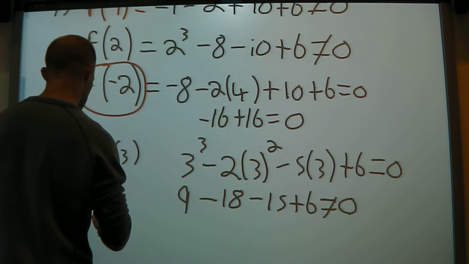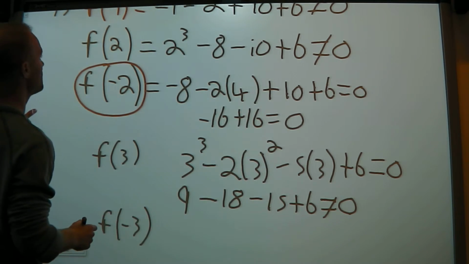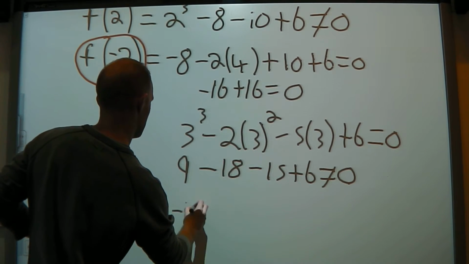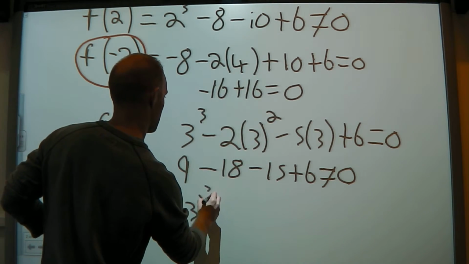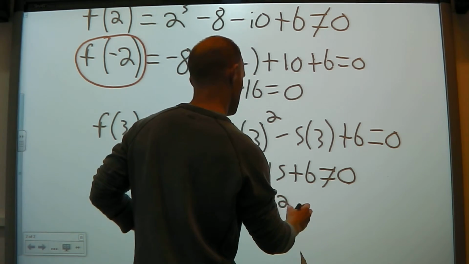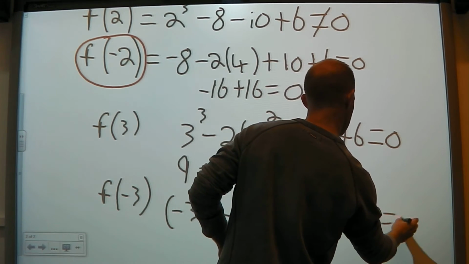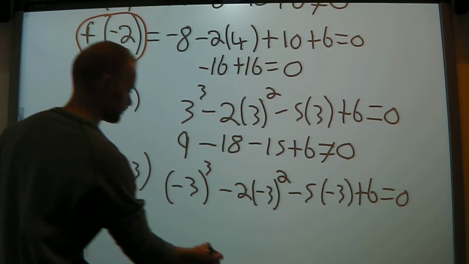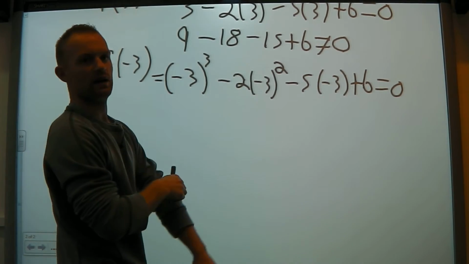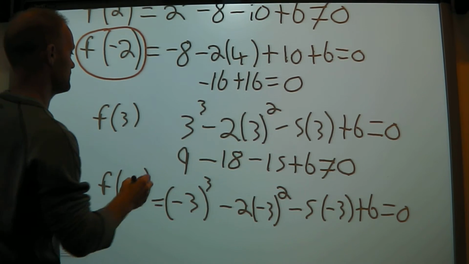Now we're going to try as our next guess f of -3. Hopefully we get it at this one. So we have x cubed minus 2x squared minus 5x plus 6. Now, as you see here, -3 cubed is -27.